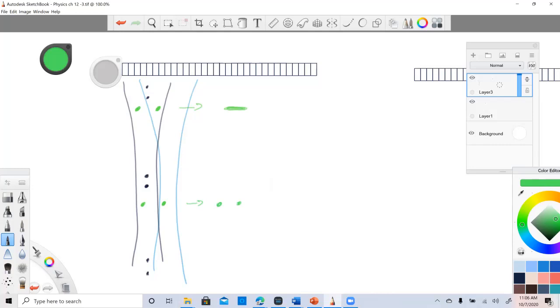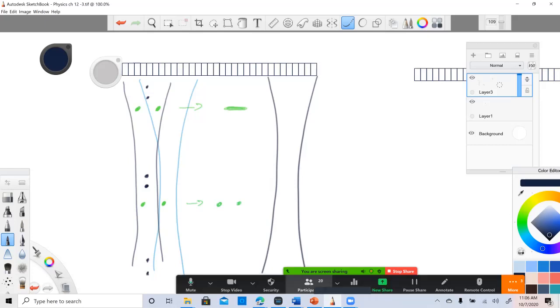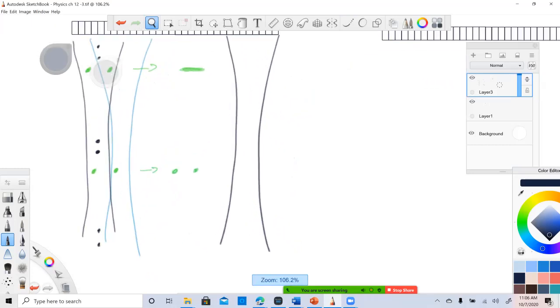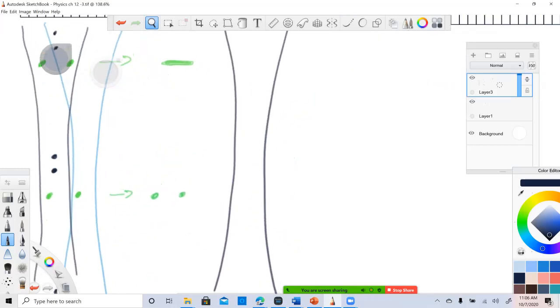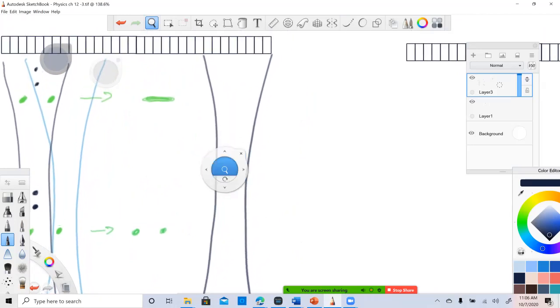So let's see if I could draw this beam. Well, let's start with the transducer itself, the elements themselves.